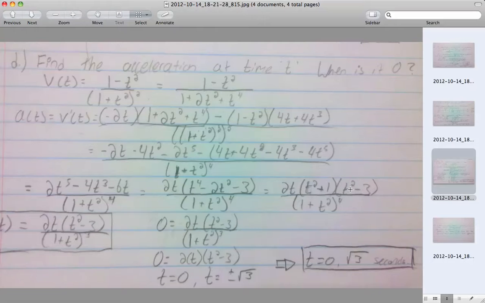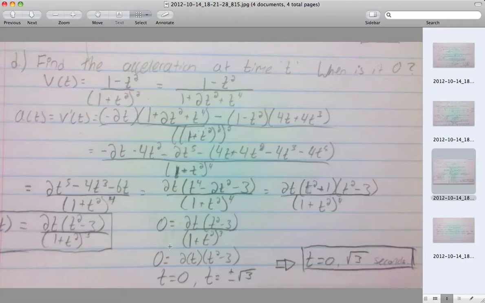And from that simplifying, we factor out the 2t, and that eventually leaves us with 2t, parentheses, t squared minus 3, over 1 plus t squared cubed.